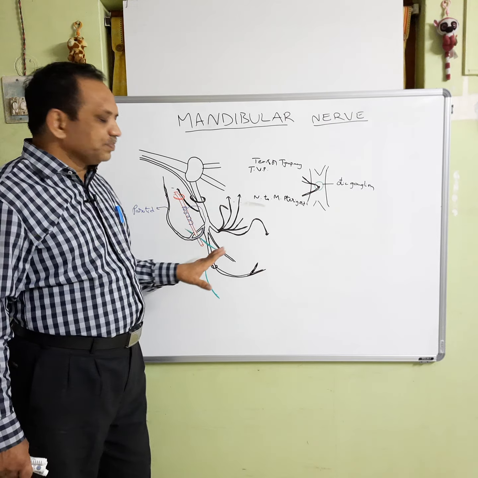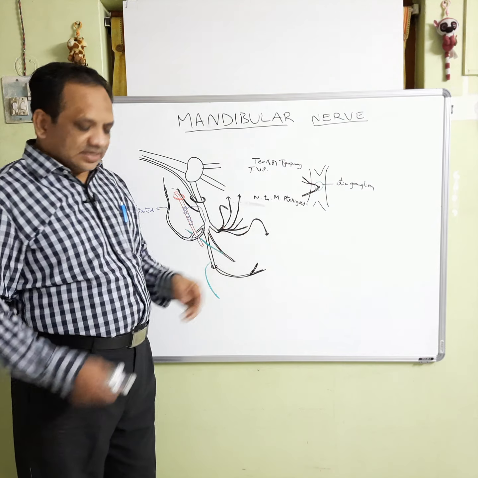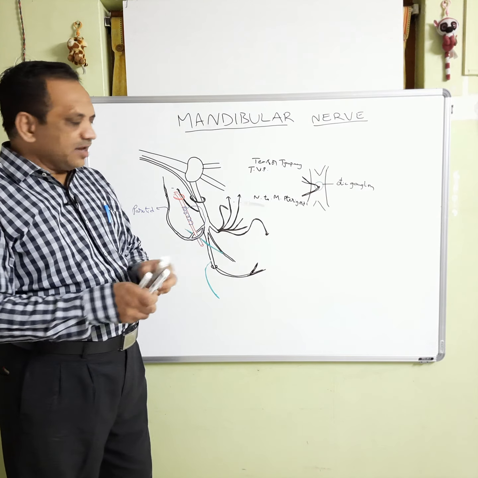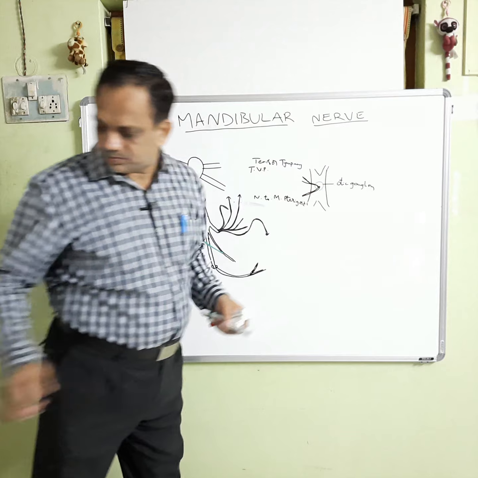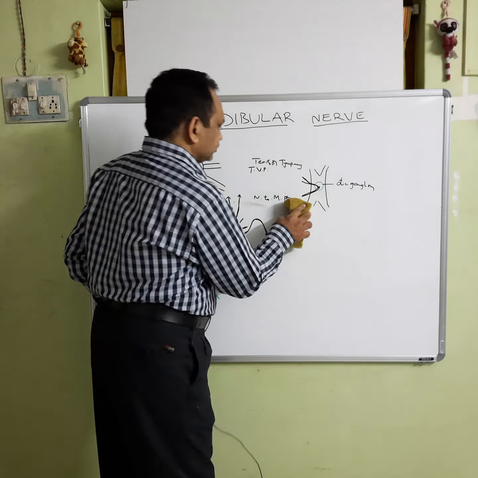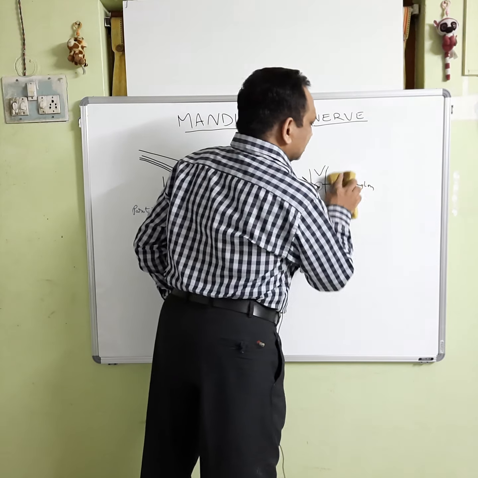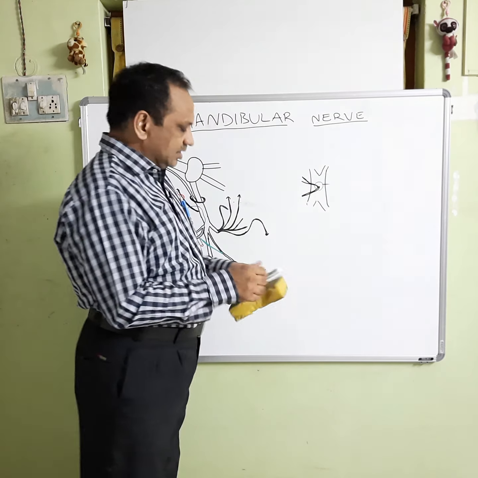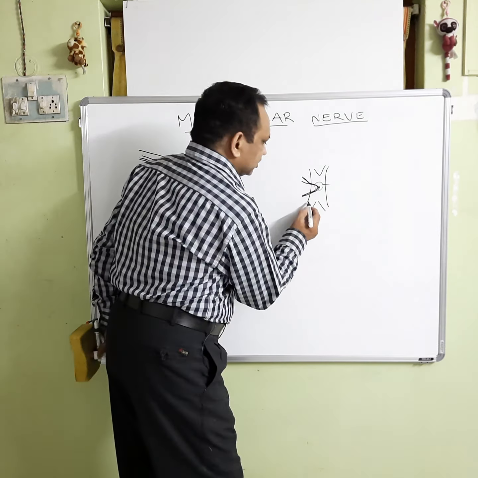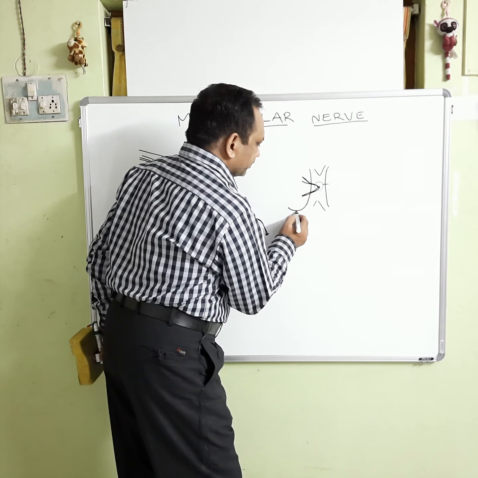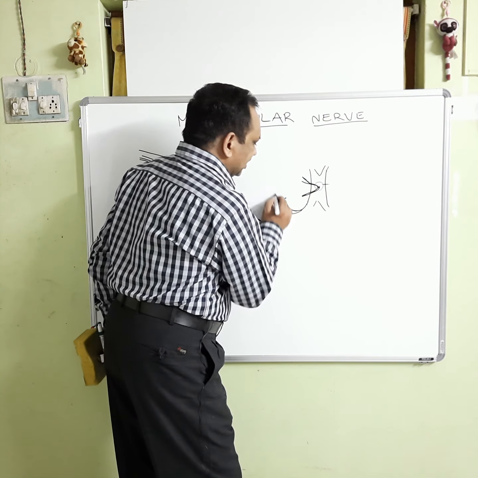This is about the mandibular nerve and its branches. We will see the mandibular nerve from its medial side. Already details of the otic ganglion we covered in the class of otic ganglion, so I'll just give you a few things. So these are the branches of the anterior division.